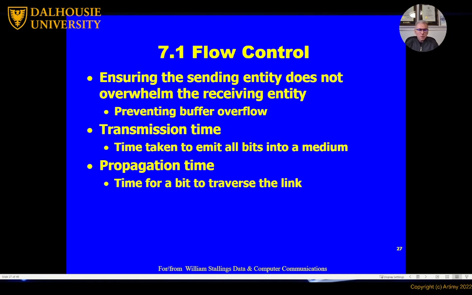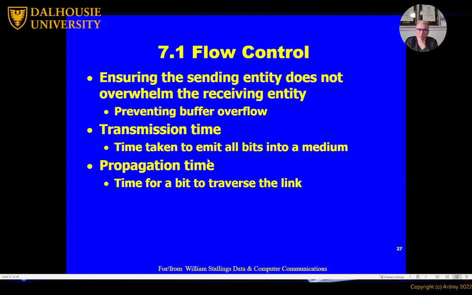First of all, I could simply create a buffer that allows the receiver to collect the bits before trying to send them to the upper layers. Another technique is to be able to slow down the receiver or the transmitter, to say, please stop sending, right? So we're going to take a look at some of these techniques.